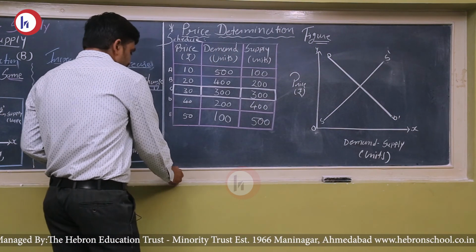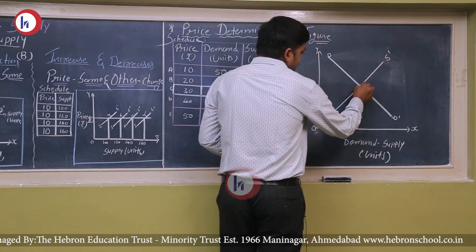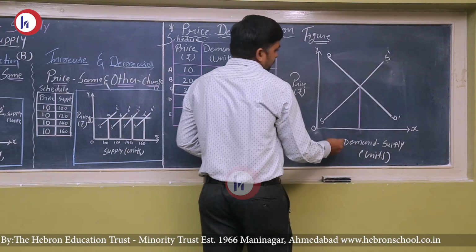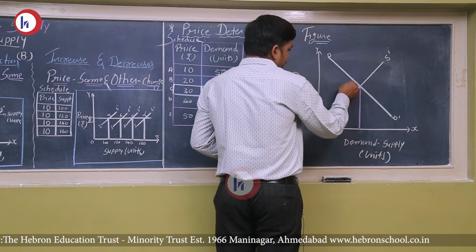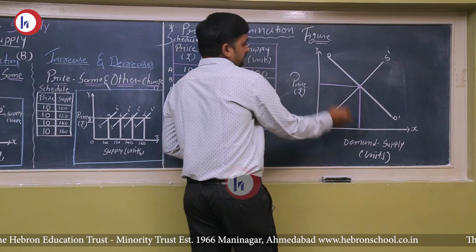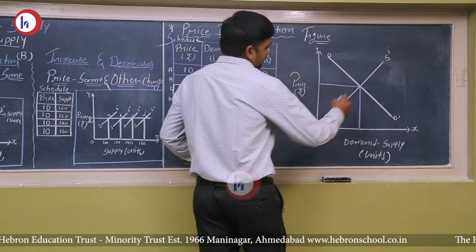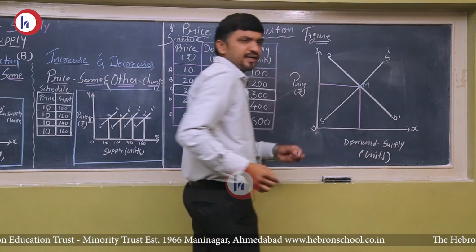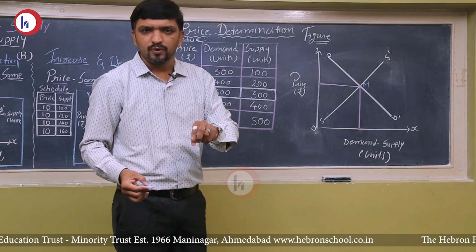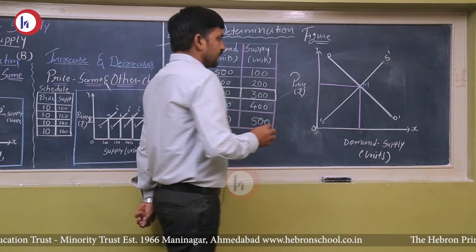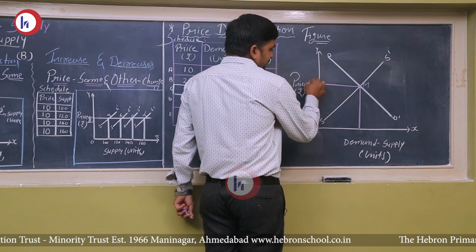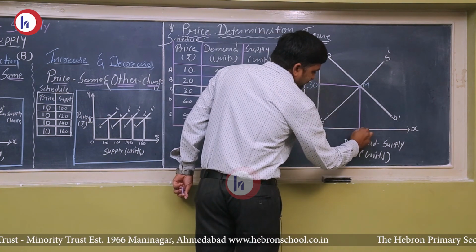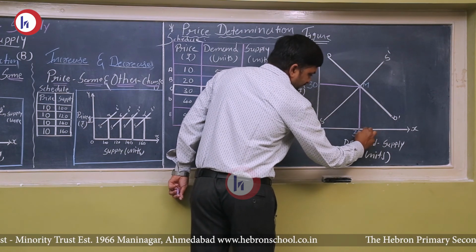And the point where these two curves intersect each other, let me record that as M here. Now you can write A, B, C, E, whatever you want. I have taken M. Price is 30. Quantity demanded and supplied is 300.